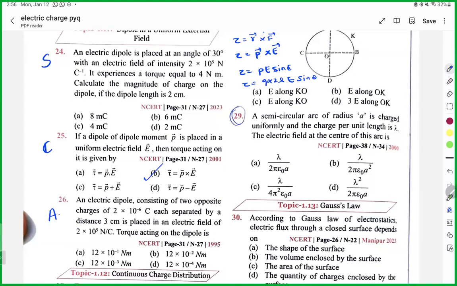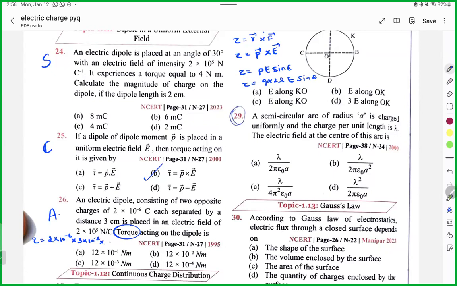Chandana, you can solve the remaining two questions. Torque you have to calculate. Q is 2 into 10 to the power minus 6. Distance 3 centimeter.